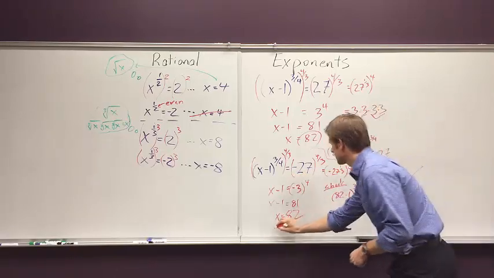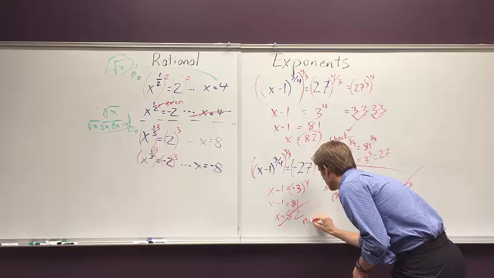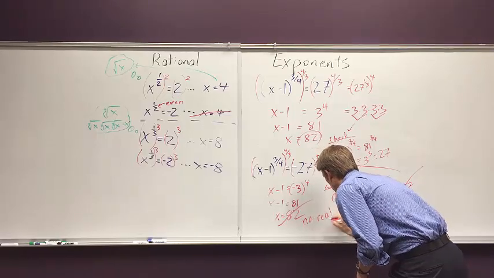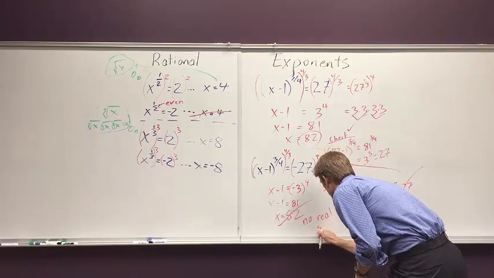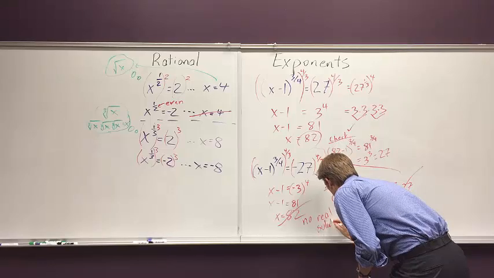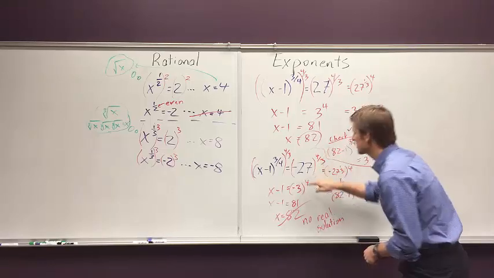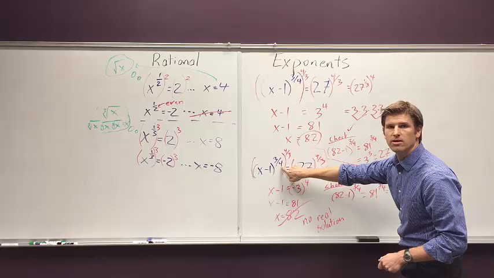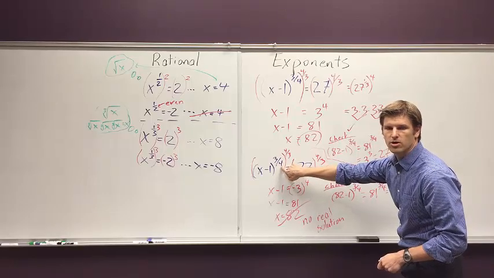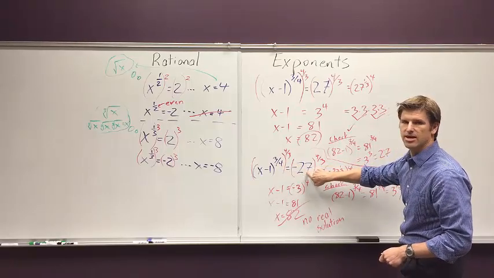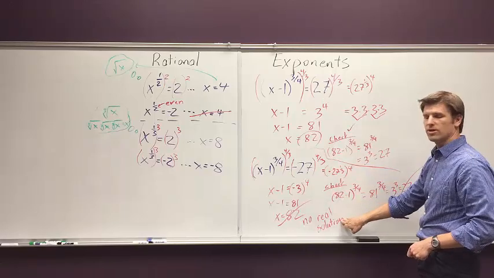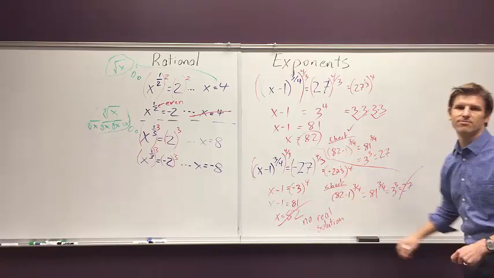Well, so this is not a solution, and there is no real solution to this. Now, we could have predicted that because we had an even term in our denominator, and this is a negative. But we can also check it, and we can see that's the correct solution.